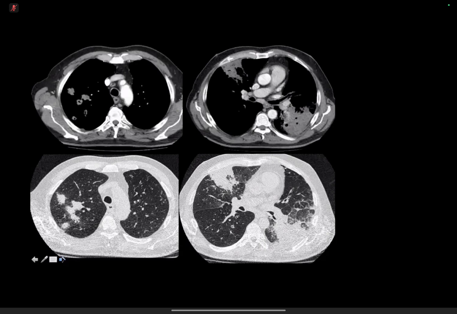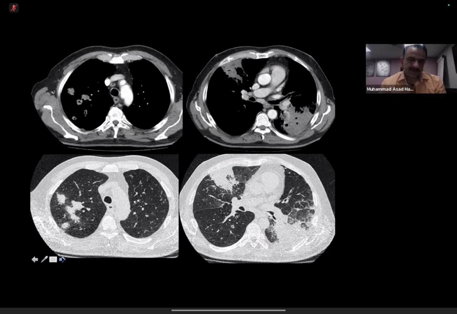If I had the study in front of me, I'd trace and check that these weren't air bronchograms. And then lower down in the chest, there are more confluent areas of either solid soft tissue or consolidation. Okay.